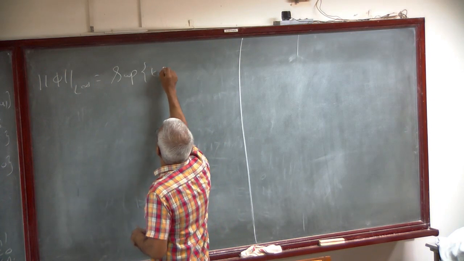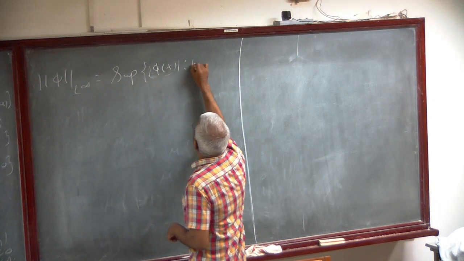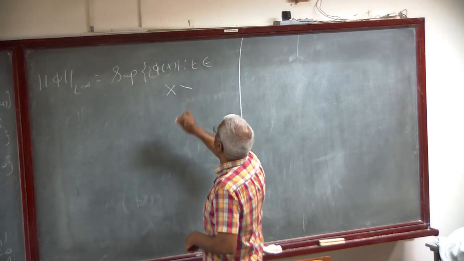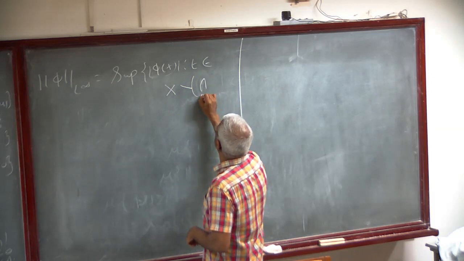It is the supremum of mod p of t, where t is in x minus the union, or the intersection over n equal to 1.